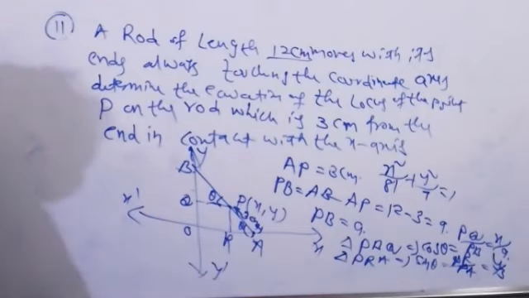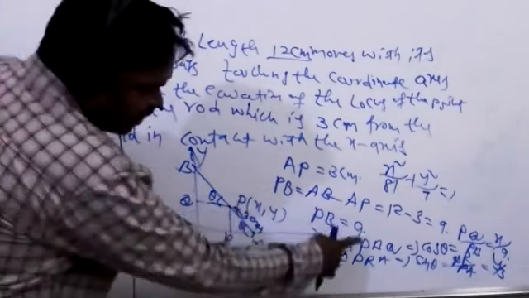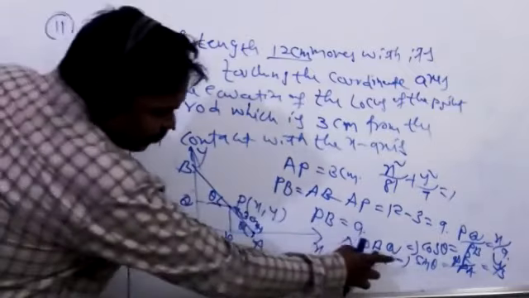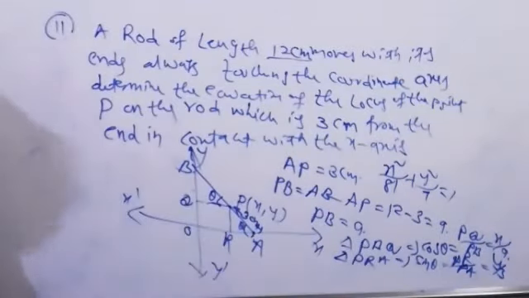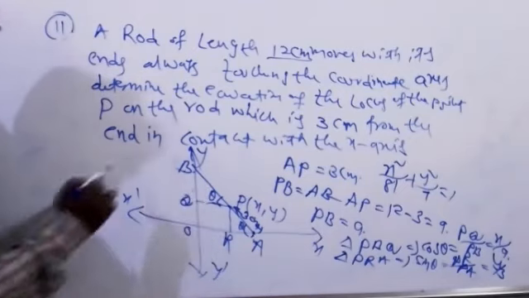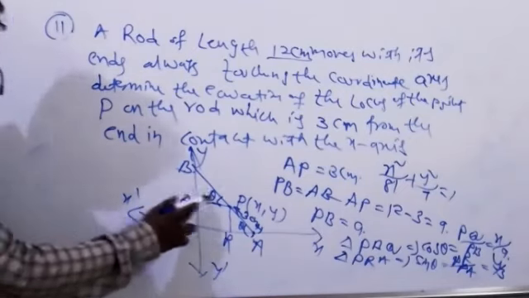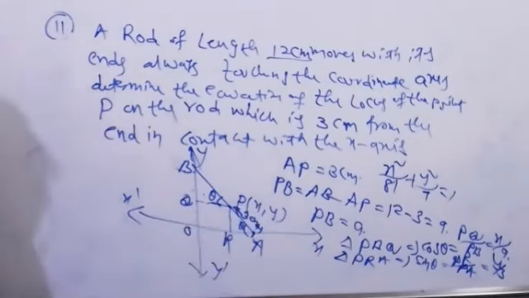Since sin square theta plus cos square theta is an identity. After PB equal to 9, from triangle PBQ, cos theta is equal to adjacent by hypotenuse, PQ by PB.